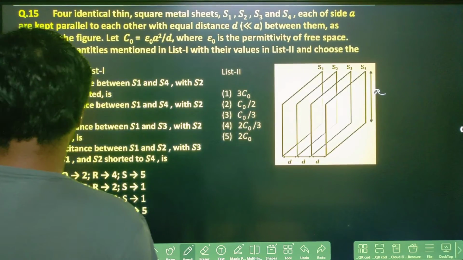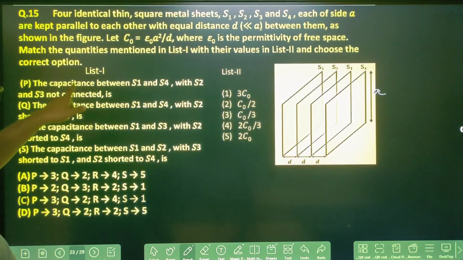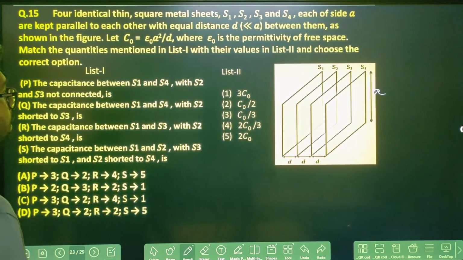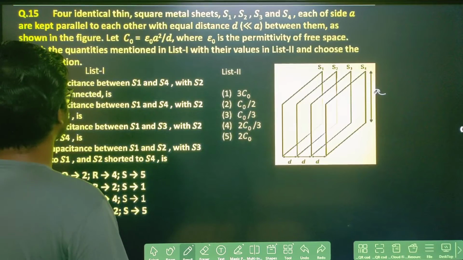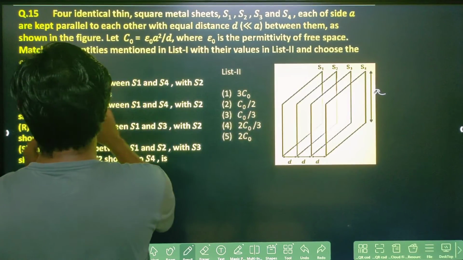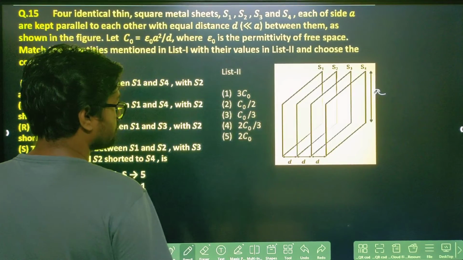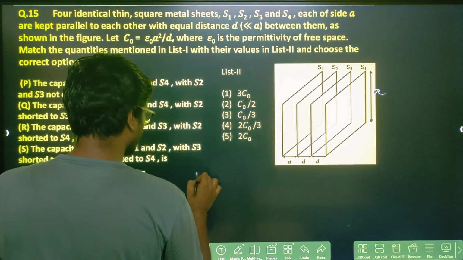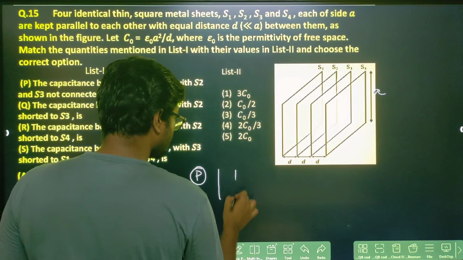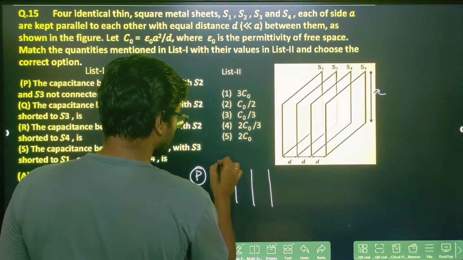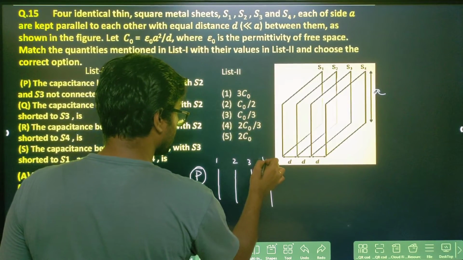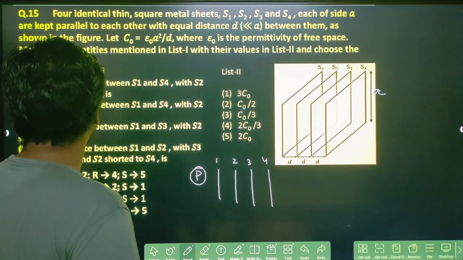Now we have to find out all the relations. First see the capacitance between S1 and S4 with S2 and S3 not connected. Basically this is one plate, this is one plate, this is one plate, this is one plate. So this is 1, 2, 3, 4, S1, S2, S3, S4.